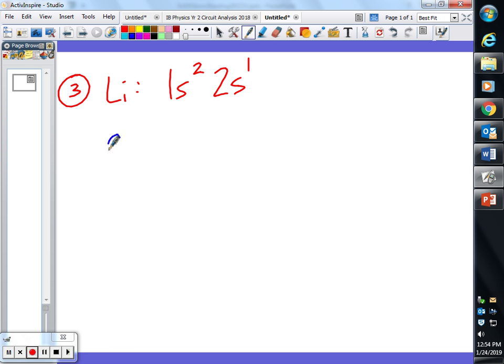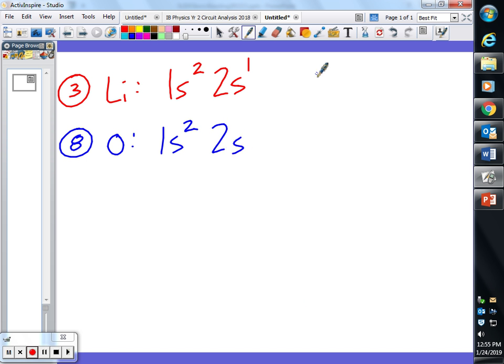Next on your list is oxygen. Okay. How many total electrons does oxygen have? 8. That's its atomic number, right? Where's the first place that electrons go? 1s. How many electrons? 2. Next orbital that gets filled is what? 2s.